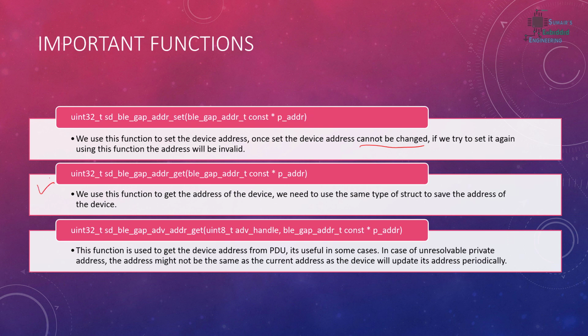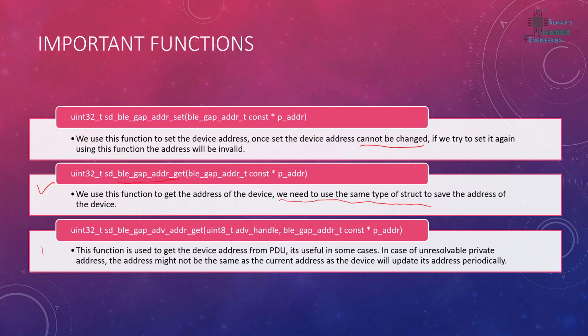Then the next function is the BLE gap address get, and we have already seen we have two steps. First, we define a ble_gap_addr_t variable, and then we call the sd_ble_gap_addr_get function to retrieve the address, which will be saved to that structure type variable, and then we can use it in our program.